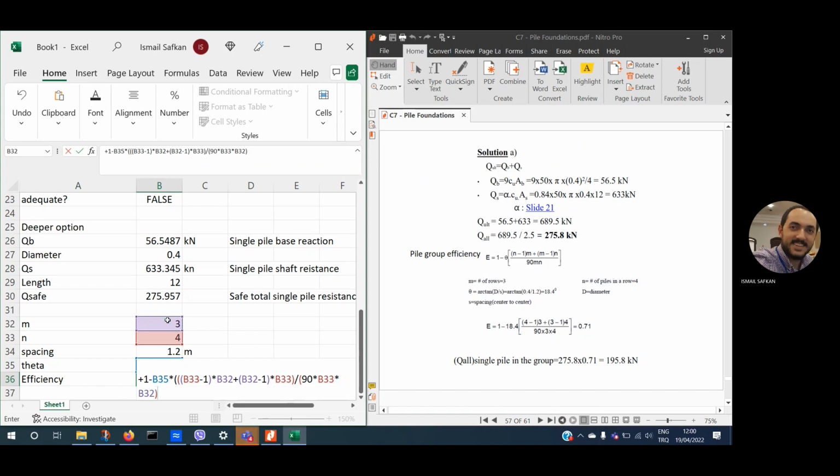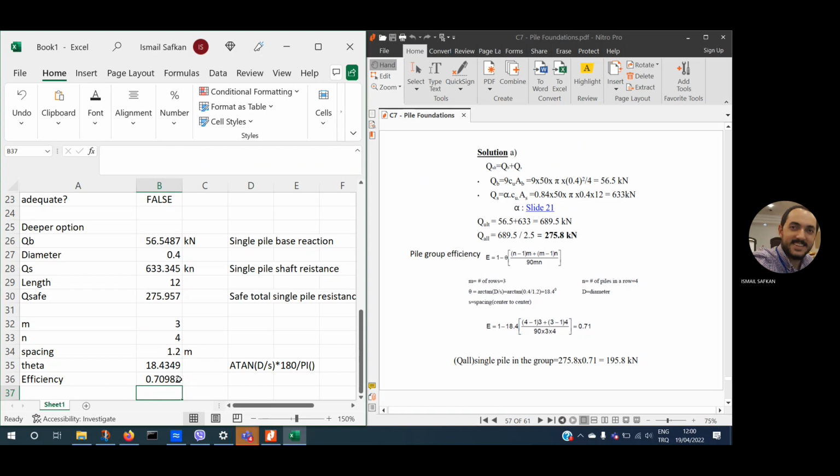I simply input everything that I have in the efficiency and then close the bracket. This is your efficiency value, 0.71 approximately.